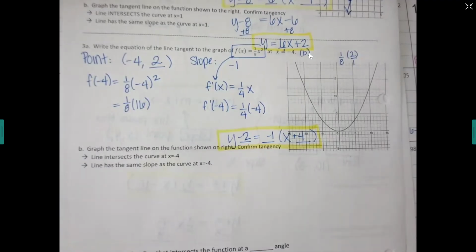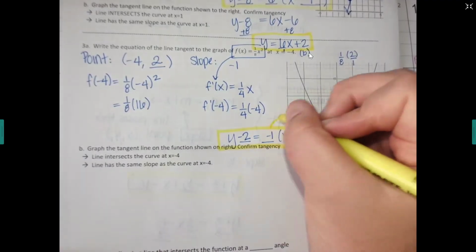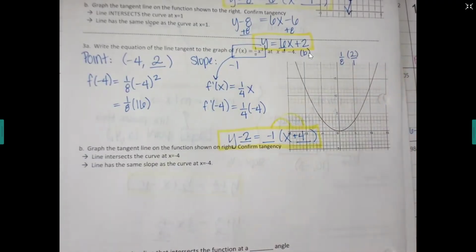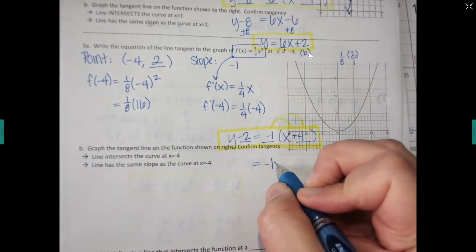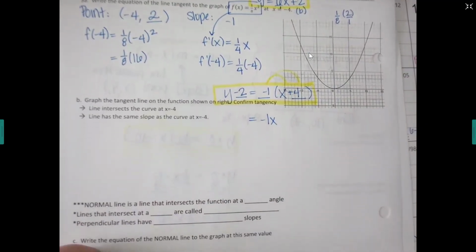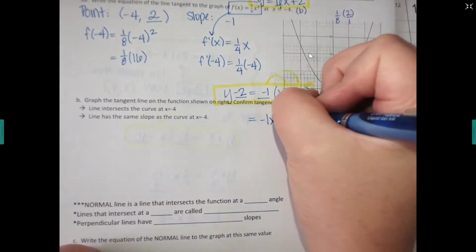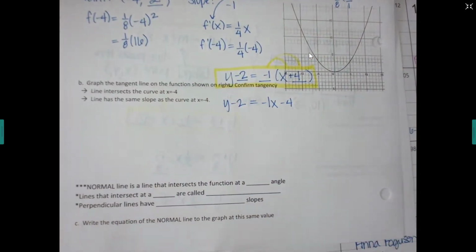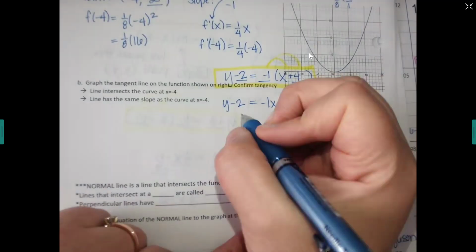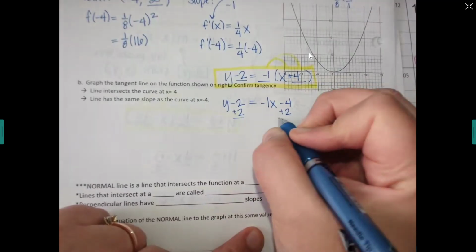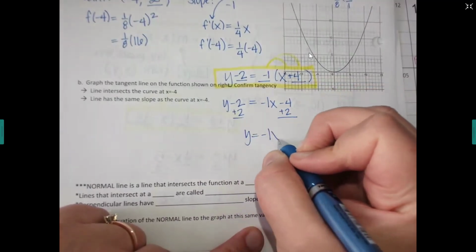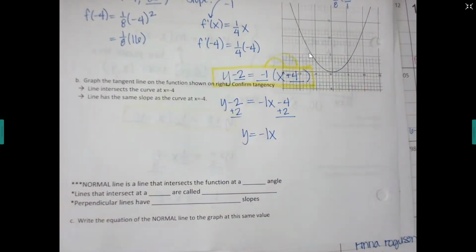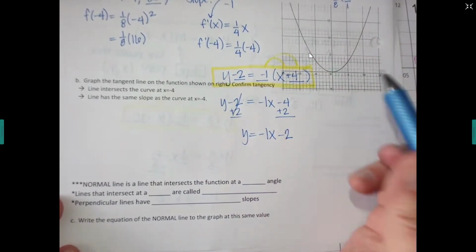So first thing you're going to do is take that -1, times it in. -1 times x is -1x. -1 times 4 is -4. And then for your last step, just add that across. So the equation of your tangent line is -1x and then -2.